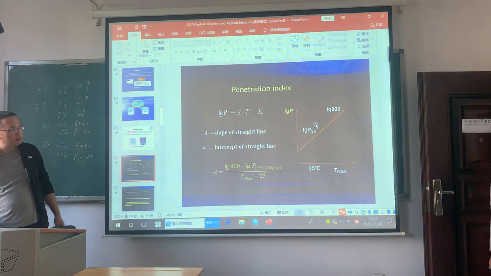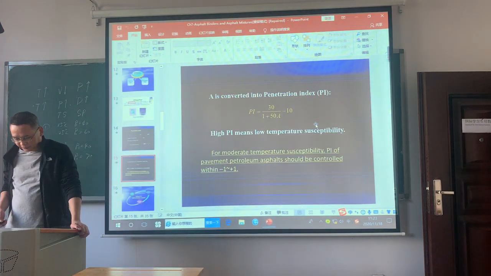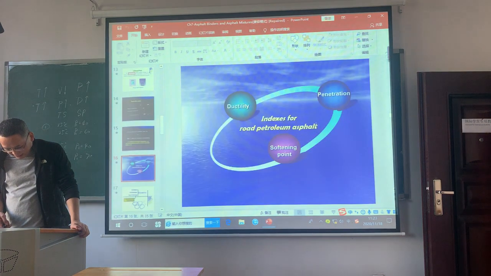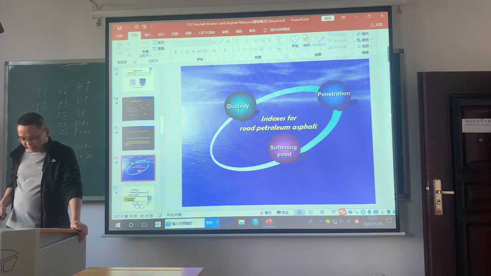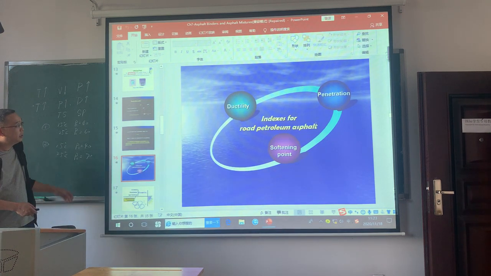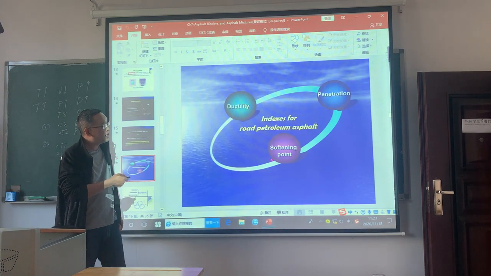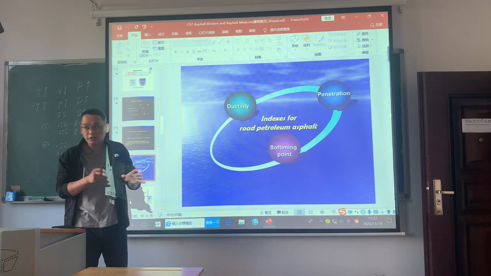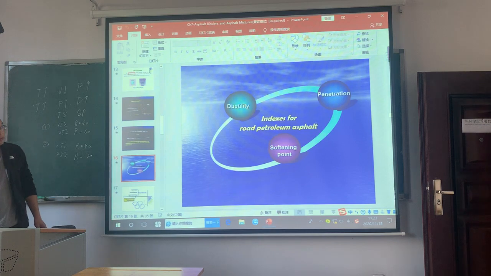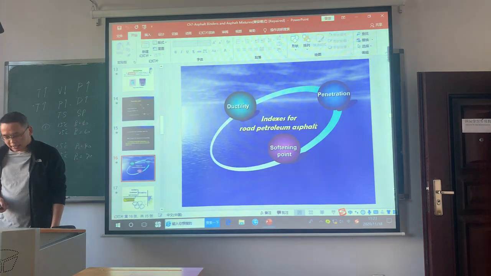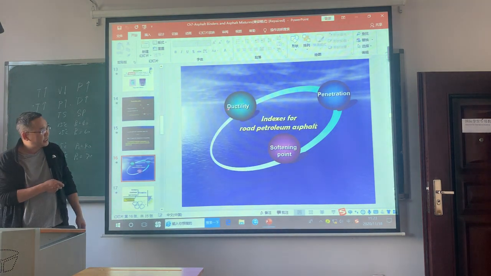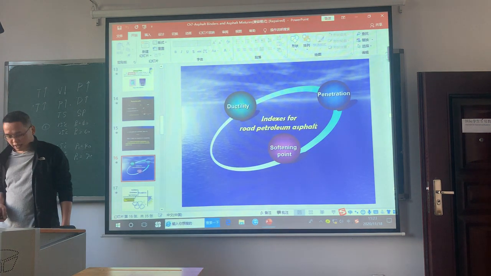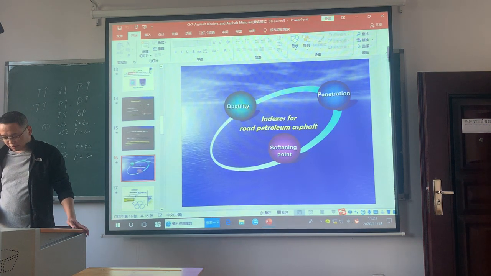And these three indexes are for the evaluation of road paving asphalt: the penetration, ductility, and the softening point.